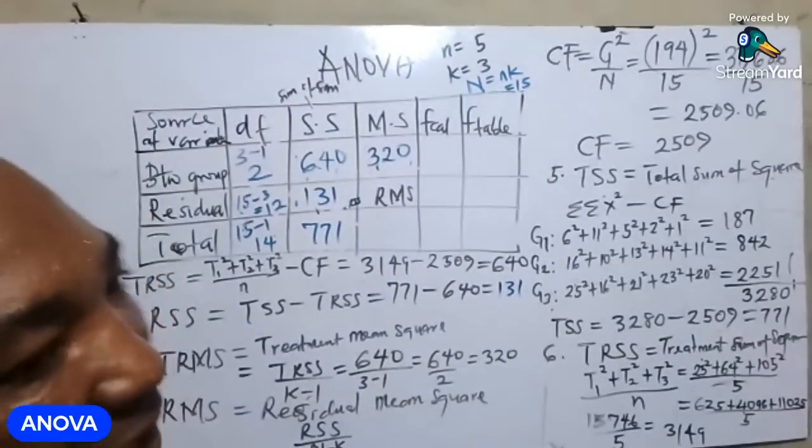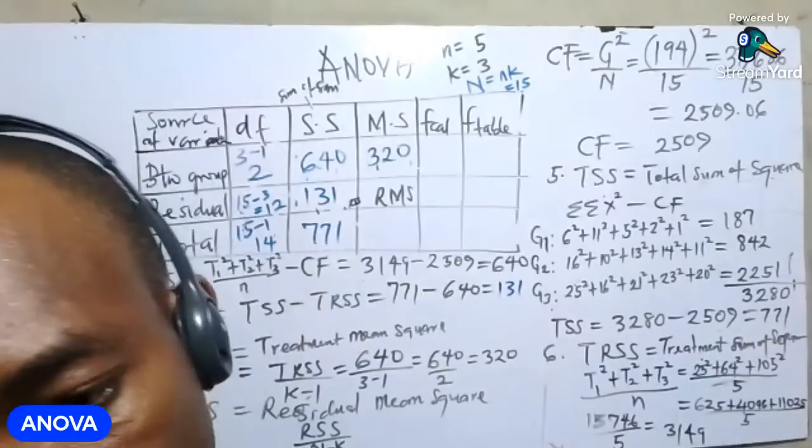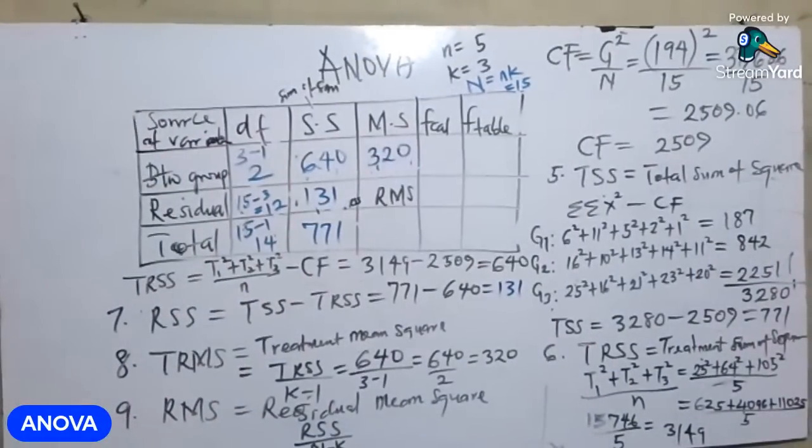So what is our RSS? We have got it before. I need someone to tell me the RSS now. You remember our RSS? That's step 7. I'm expecting someone on the screen to tell me.